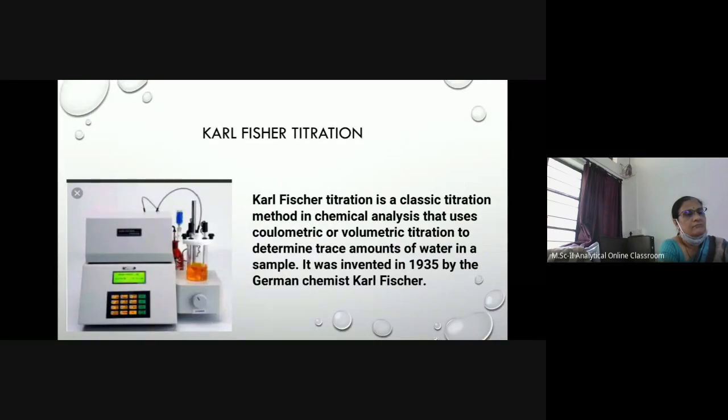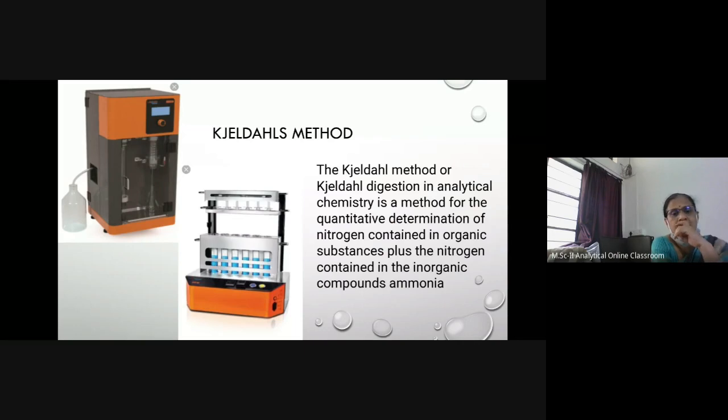So after that, now at present I'm working on this Kjeldahl method. It is a machine which is used to calculate the amount of nitrogen present in our compound. This one is a titration machine, and this one is the digester.